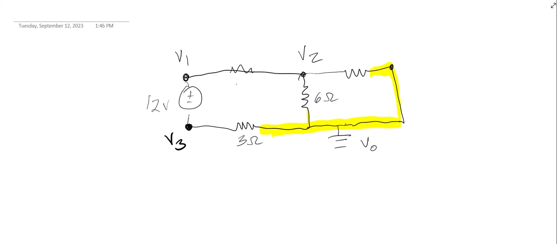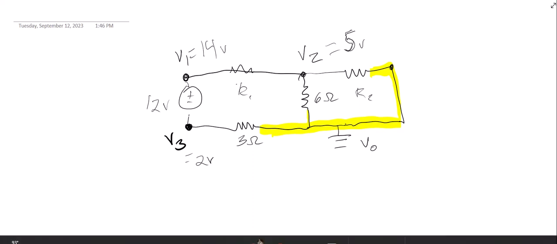I'll just say this is R1 and this is R2. So that way I don't have to get the real numbers. Okay, and I'm going to say that V1 is, I'll say it is 14, and V3 is 2, and V2 is 5. Okay, so let's say that's what they are, and that's what we would get if we knew what R1 and R2 were, and we knew how to find these things. And so those are our voltages.